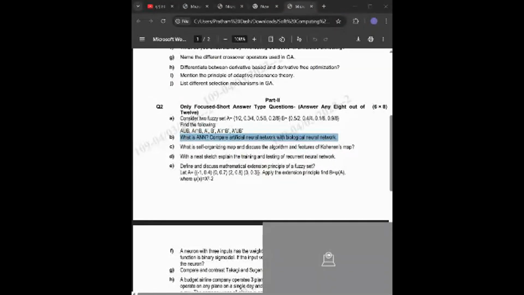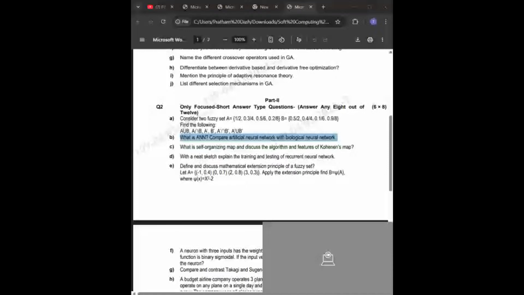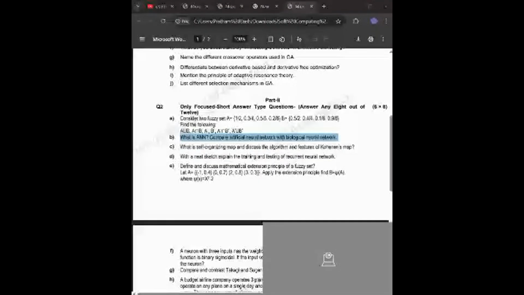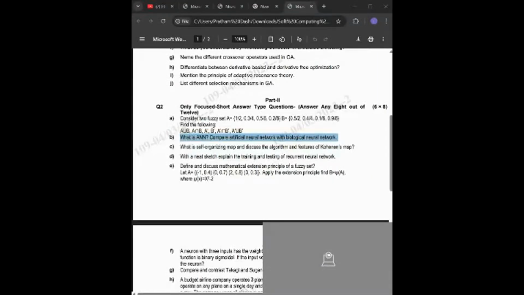In the artificial neural network, the signals are transmitted through numeric values, and in our brain, it's transmitted through this. The brain will learn through synaptic plasticity. We need to understand that term. What is synaptic plasticity?